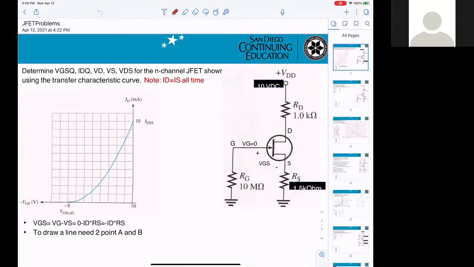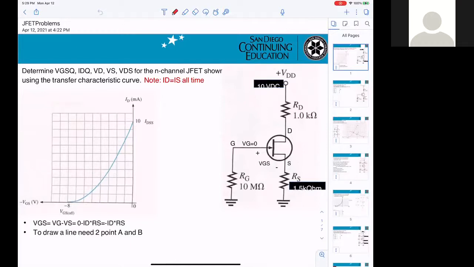But you have to actually use the source resistor for the load line. So pick a current like 3 milliamps on the vertical scale, and then divide that by 1.5 kilo ohms. Sorry, 3 milliamps and 1.5 volts.